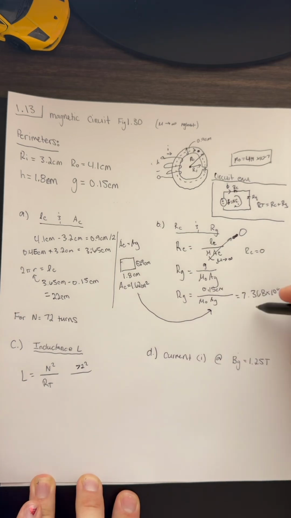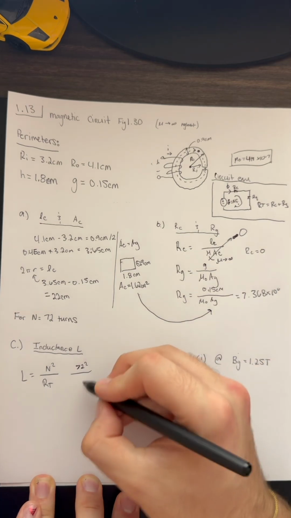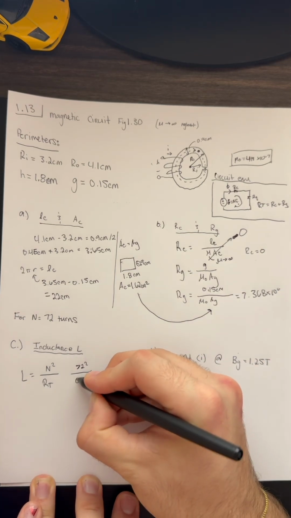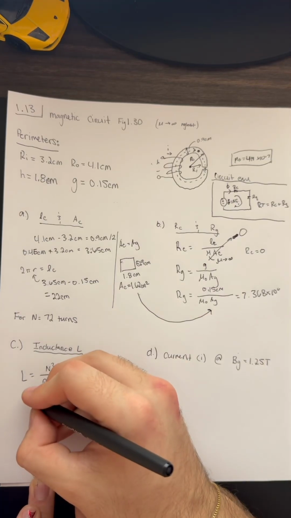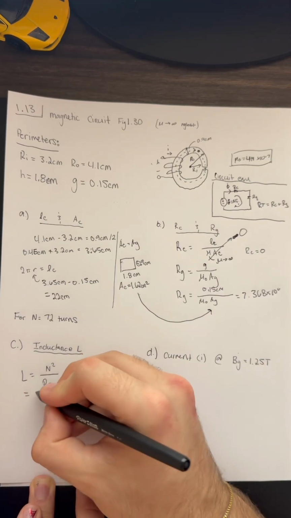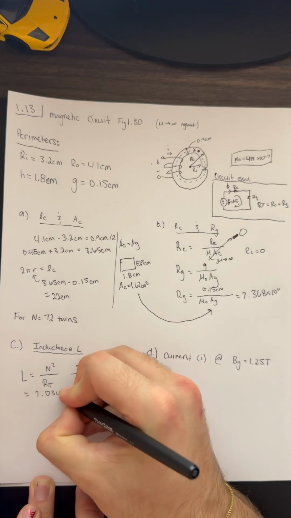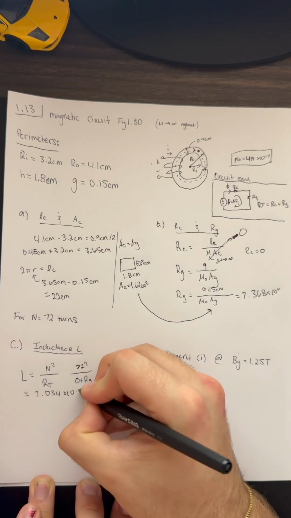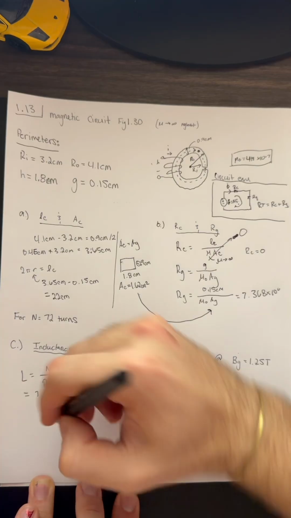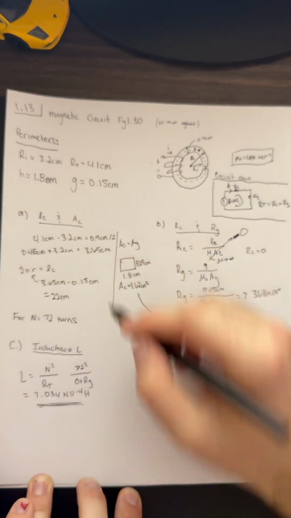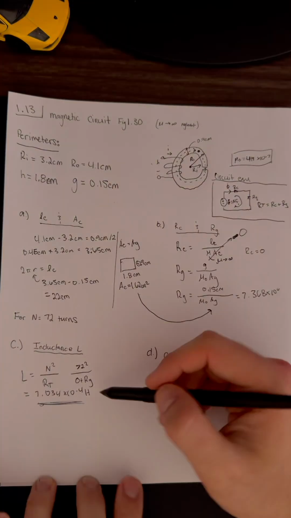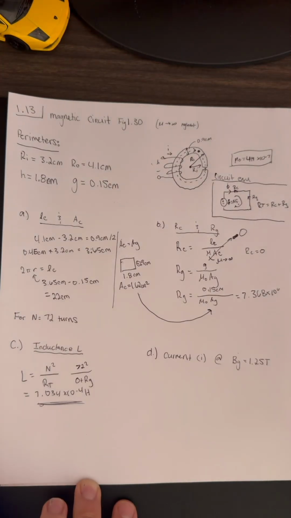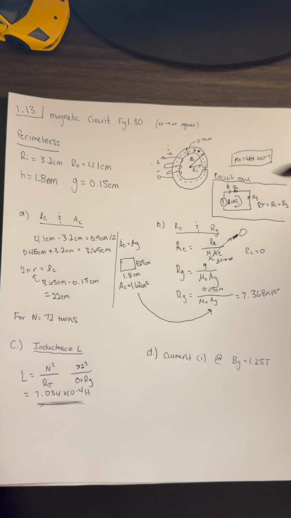We know RC is 0 and RG is 7.36, so this would be 0 plus RG, which would equal 7.034 times 10 to the negative 4 henries. So this is the inductance considering RC is 0. We're just doing N squared over RG, because we neglect RC since this goes to infinity in the denominator.